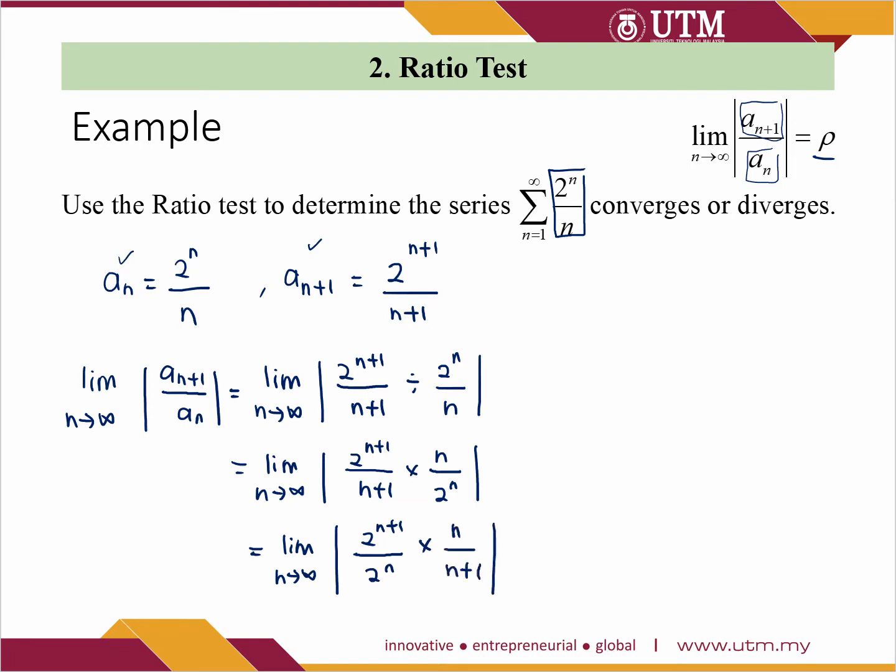We know that 2 to the power of n plus 1 is equivalent to 2 to the power of n times 2 to the power of 1. So we can write it as 2 to the power of n times 2 to the power of 1 over 2 to the power of n times n over n plus 1.